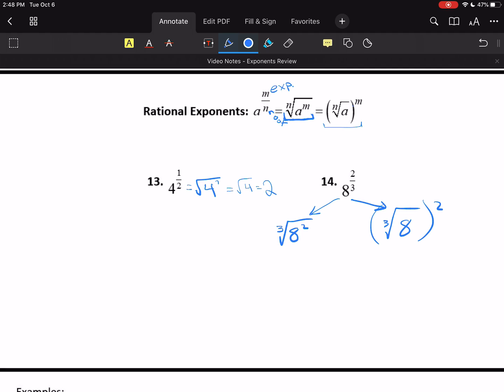Now, when I ask myself which one's easier, I always pick the one where the numbers work out in the smallest way possible. This one's not too crazy because it's 8 squared. So if you were to choose the first option, you would have the cube root of 64, which would equal 4. The smaller way, the cube root of 8 is 2, and then 2 squared is 4.